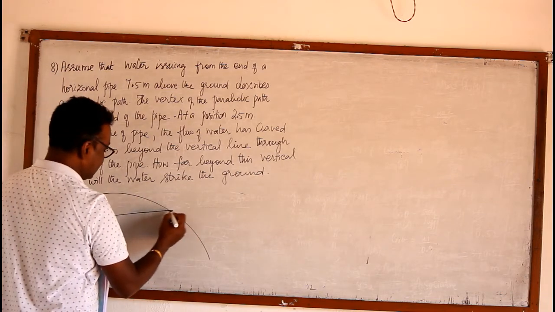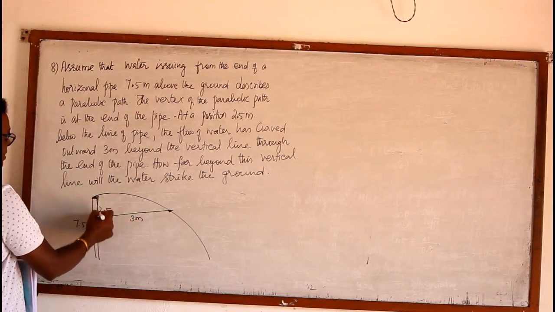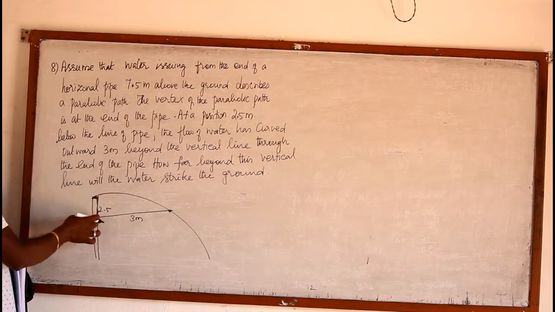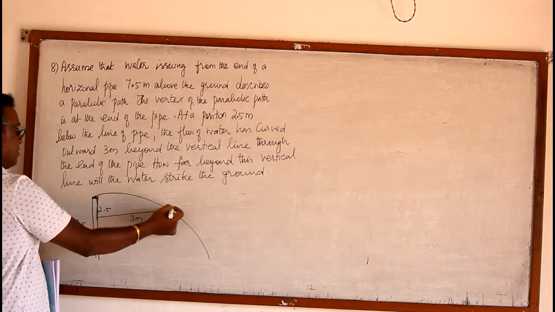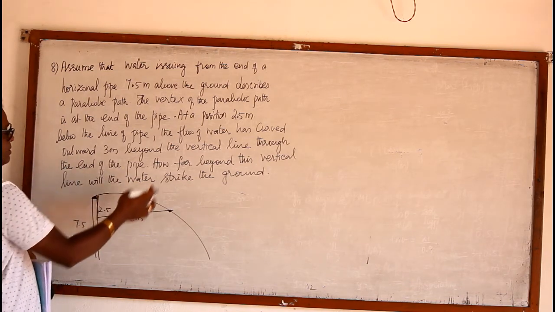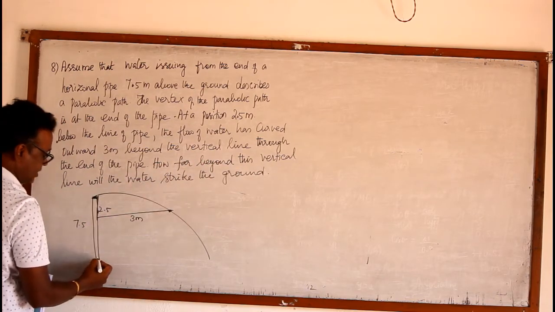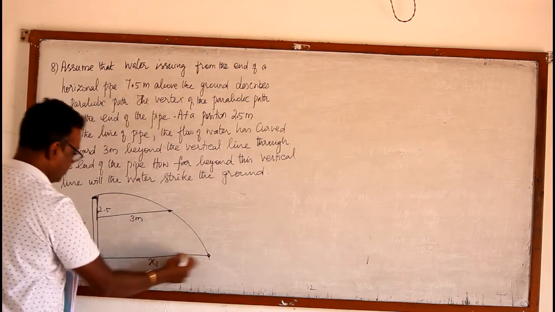So it is 3 meter. If it is so, how far beyond the vertical line will the water strike the ground? They need this length from the pipe.